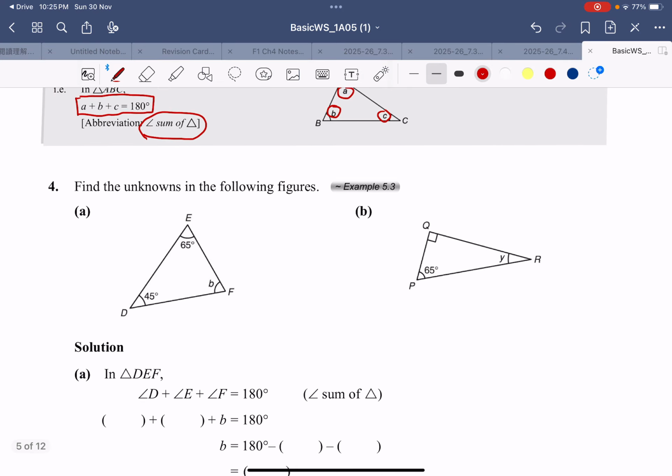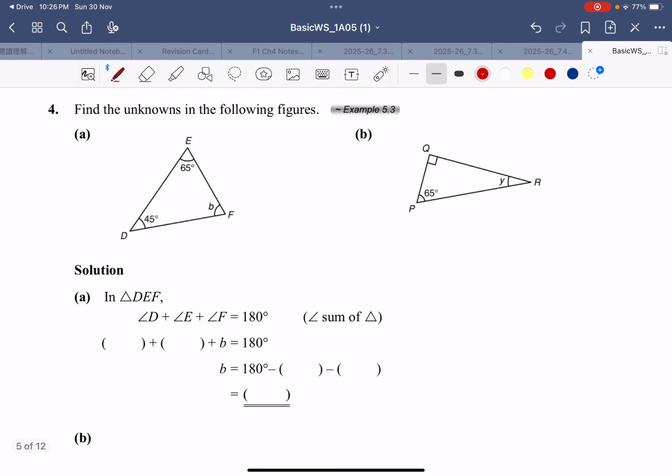So, using this theorem, solve question 4A for this unknown angle B. Because we have this theorem, angle sum of triangle, if you apply it, you write this: the sum of three interior angles equals 180.